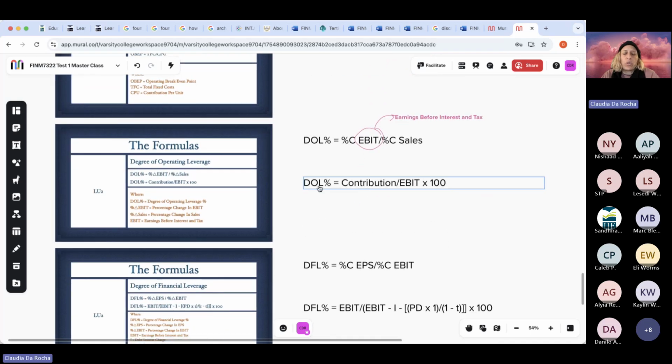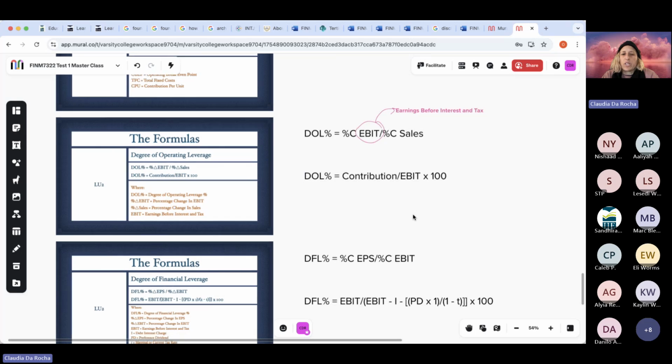And then here, with your degree of operating leverage, percentage contribution divided by your EBIT times 100.